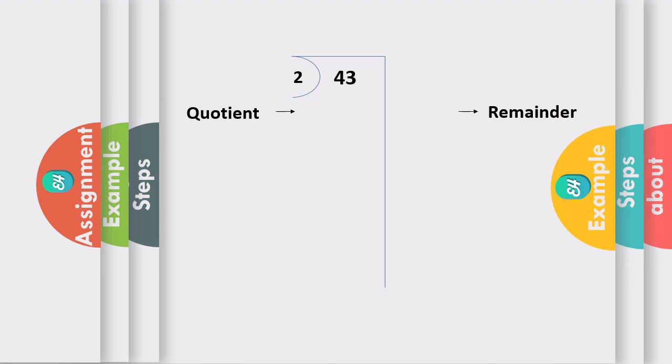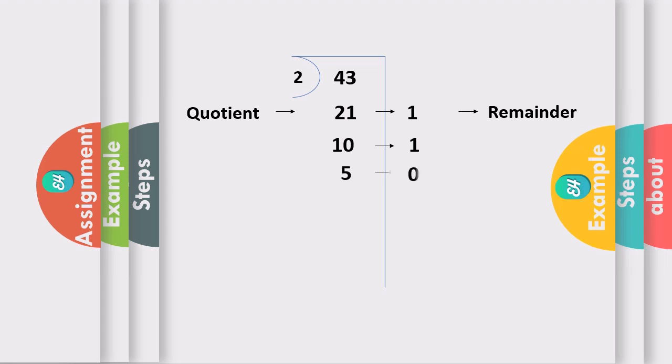For example, the half of 43 is 21.5. That means there is a remainder 1 here. The half of 21, or if we divide 21 by 2, we get 2 ones are 2 and 2 zeros are 0. That is 20. So remainder is 1. Again divide 10 by 2.